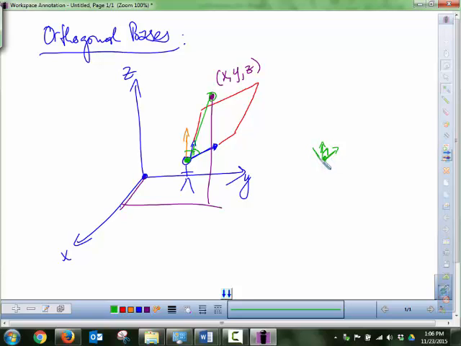not only all perpendicular to each other, but also if they have length 1, that will make it even better.